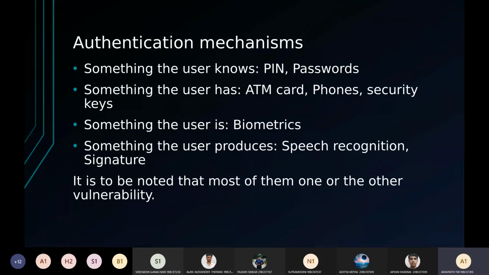So if that service that you're trying to log into uses only the first mechanism, that is something that the user knows, then your security is compromised, right? But let's say there is an additional mechanism. Let's say they're using something that the user has. This could be an OTP from an application like Google Authenticator, which uses a mechanism called TOTP.